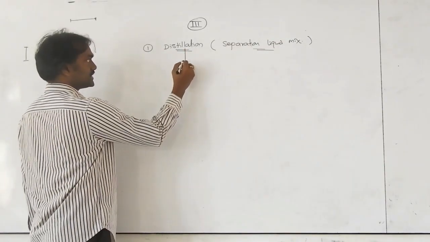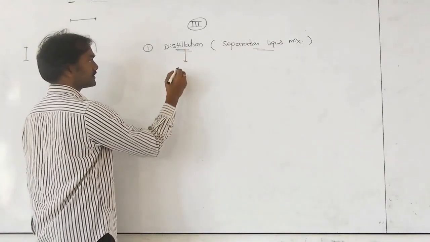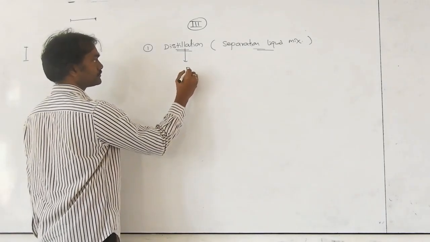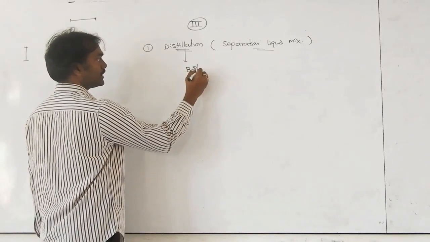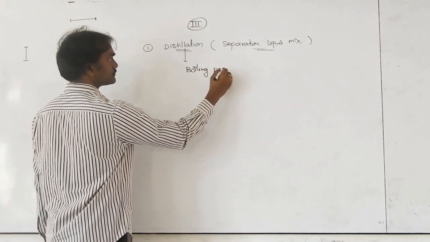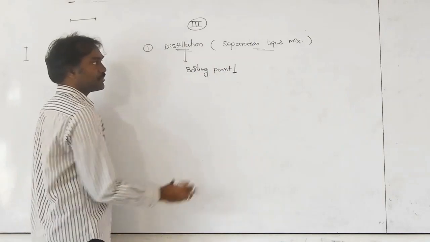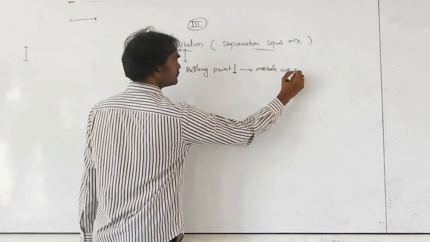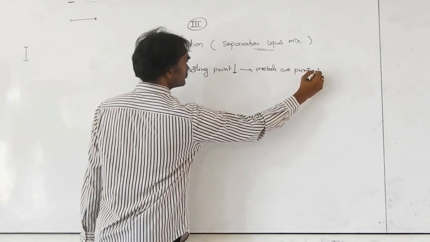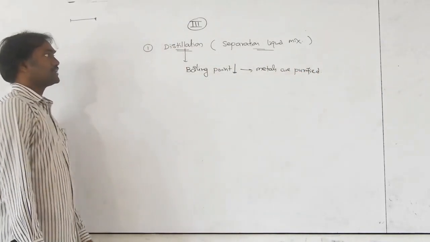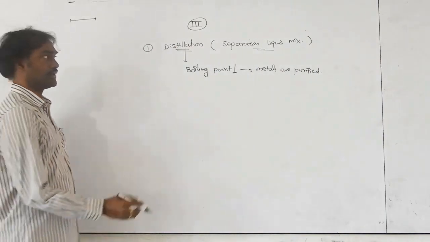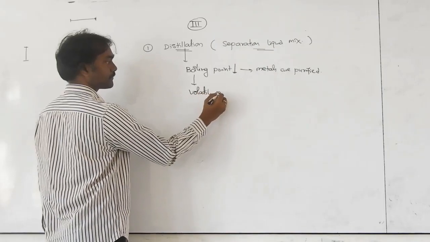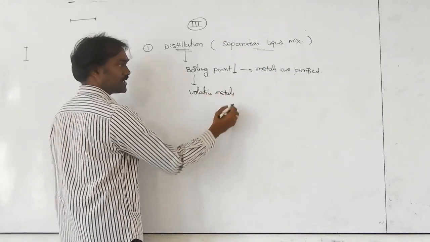Where distillation takes place, the elements with the least boiling point are purified. In metals, which ones have the least boiling point? Those are the volatile metals. Which ones do you call volatile metals?